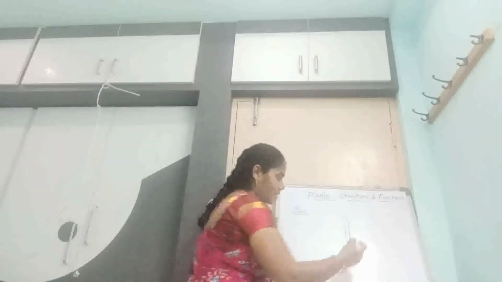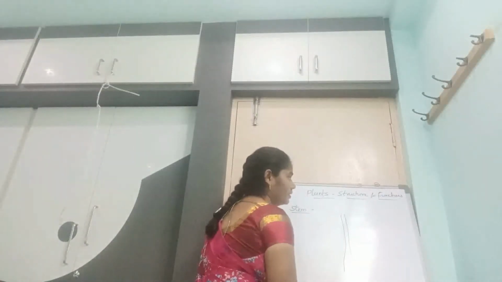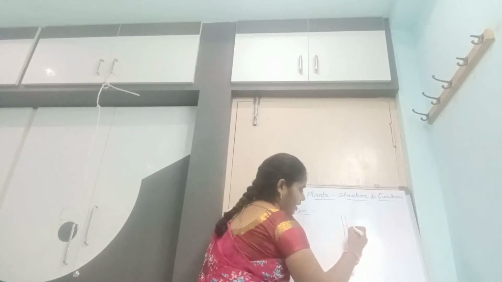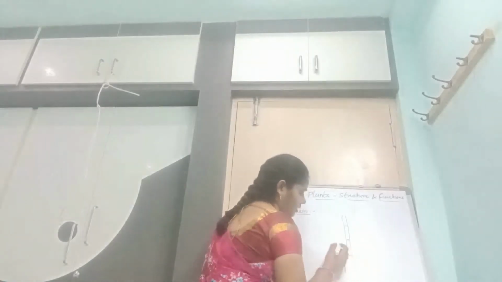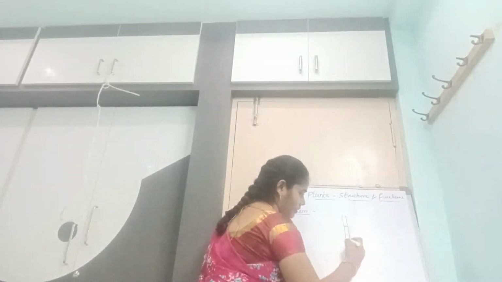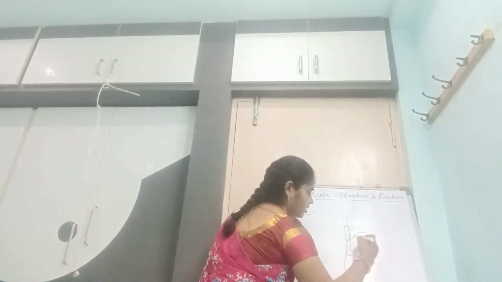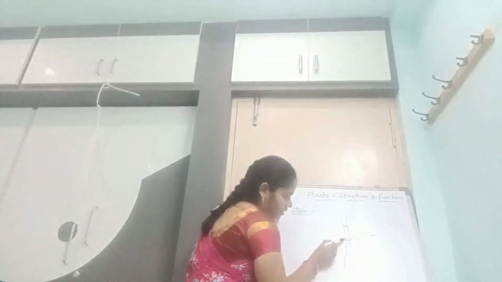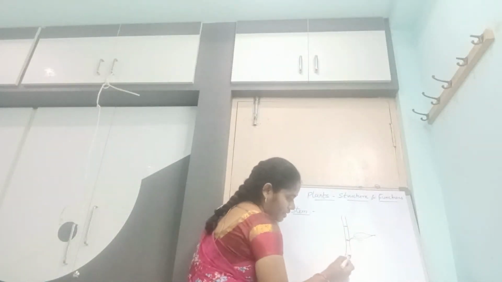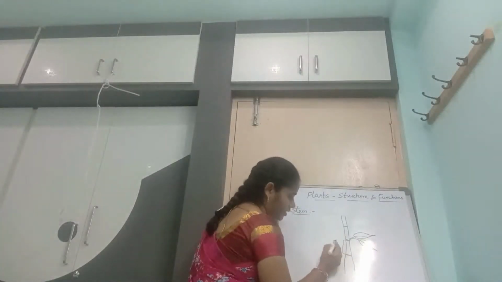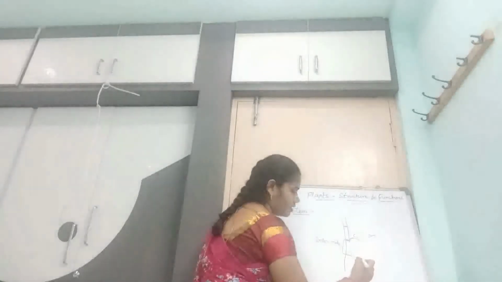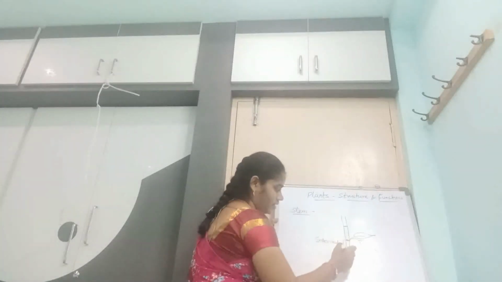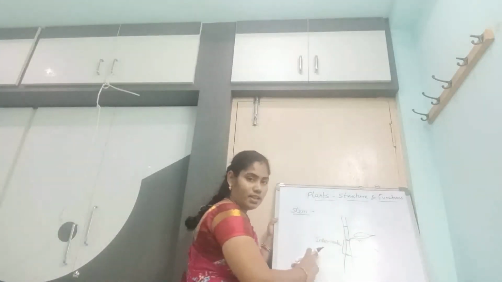On the stem we have nodes, and from the nodes the leaves or branches are raised. These are nodes. The stem present between two successive nodes is called the internode.